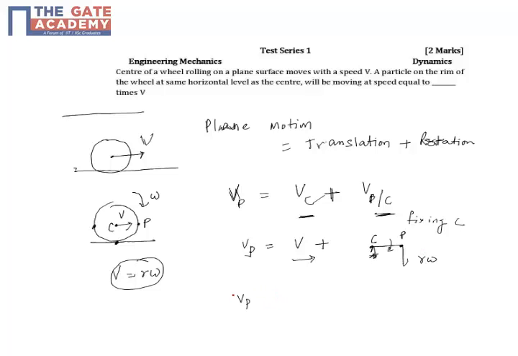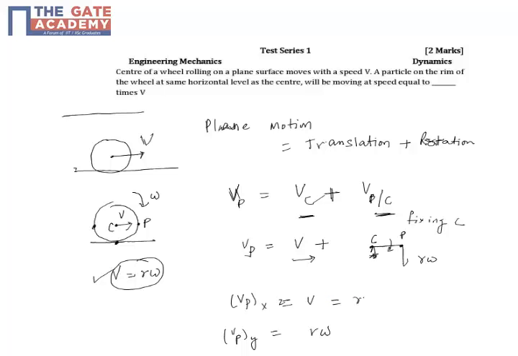So v_p along the x would be v; this r omega is towards down, so there is nothing along x. v_px is v. v_py is the vertical; there is no vertical in the translation, there is only vertical in the rotation, which is r omega. And because the wheel is purely rolling, v can be related to r omega.